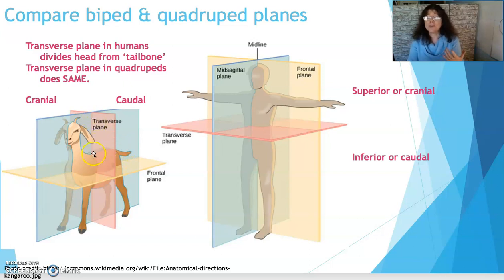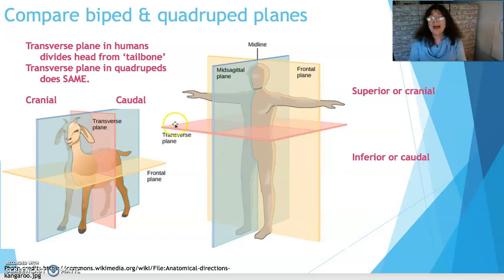So the transverse plane in an animal that is a quadruped is different, but in the end, it looks at the same aspects of the body. It looks at the aspect of the body that is the cranium versus the tail, the cranial versus the caudal.